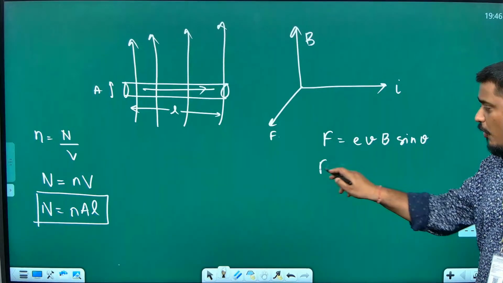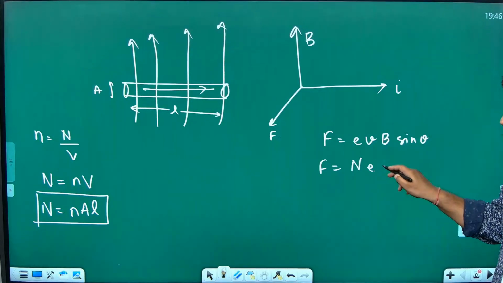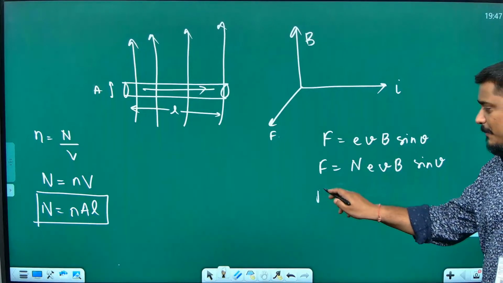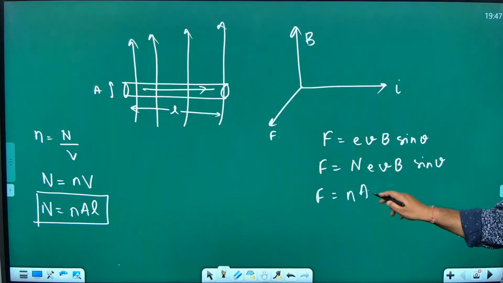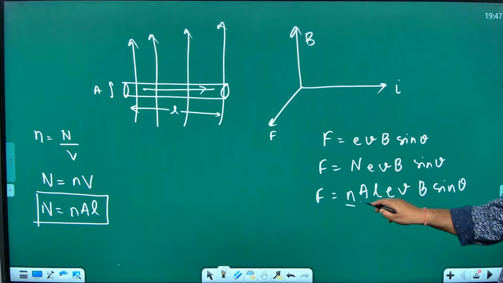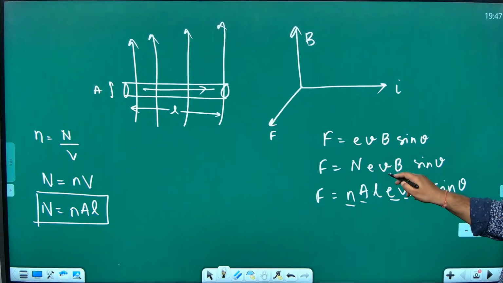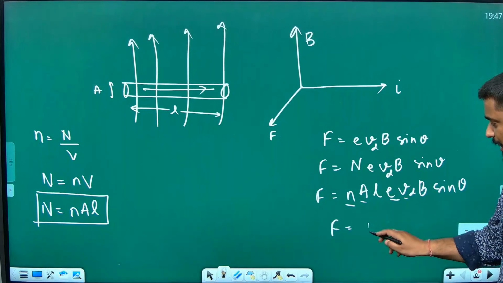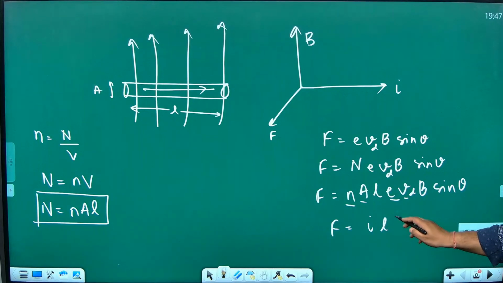So the force on all the particles will be N e v B sine theta, where N is n A L. And n e A v_d is the current I. So force will become I L B sine theta.